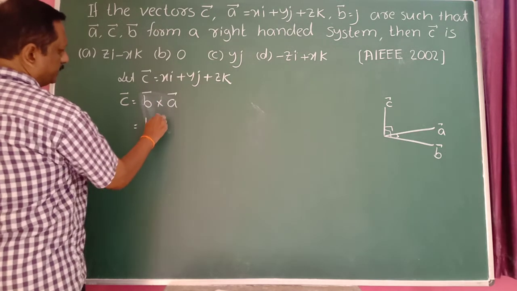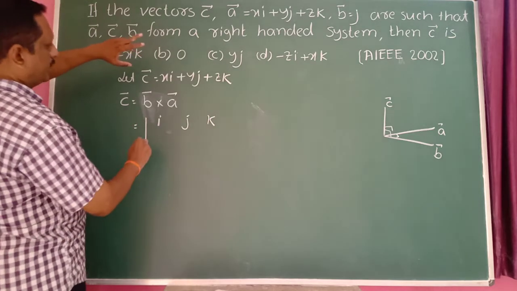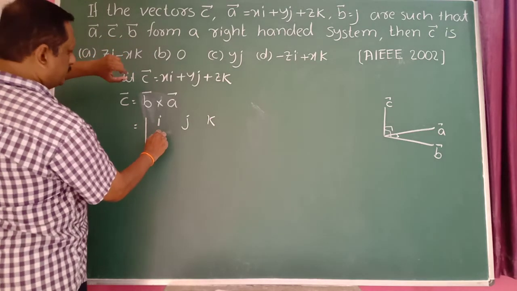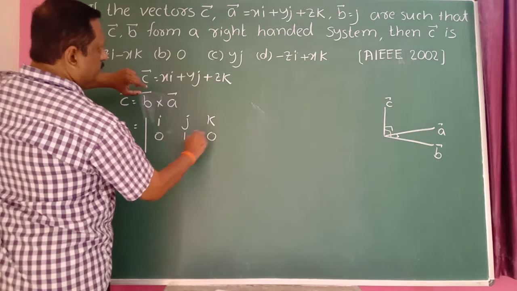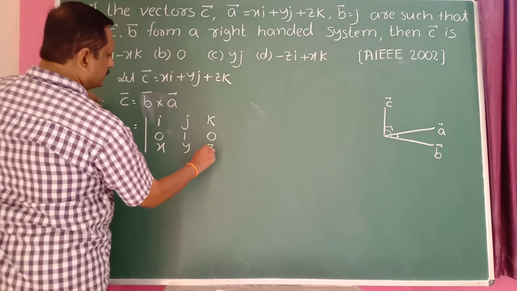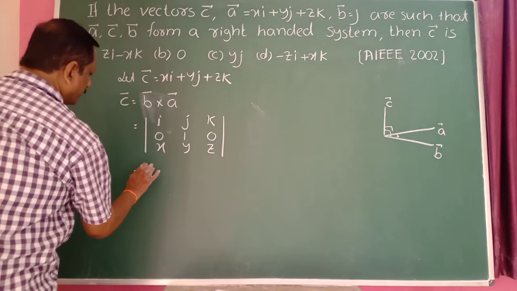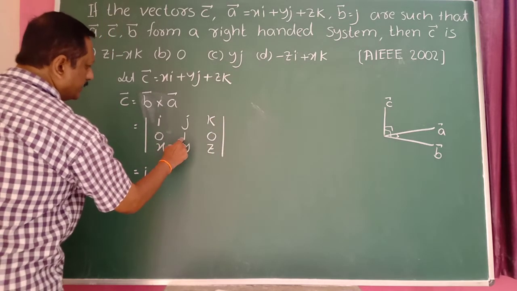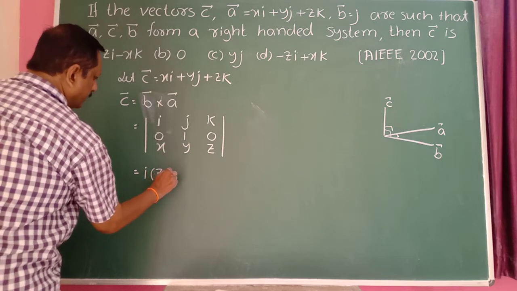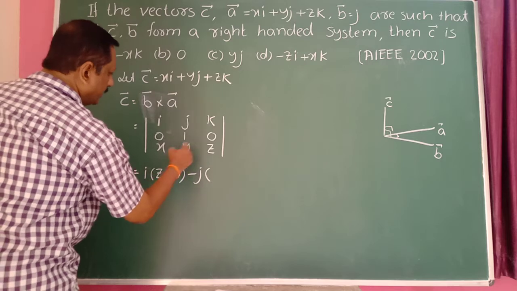That is the determinant of i, j, k. Then B bar is 0, 1 and 0, and A bar is x, y and z here. Therefore, this is equal to i into z into 1 becomes z, minus 0, minus of j into 0, and this is 0 here.